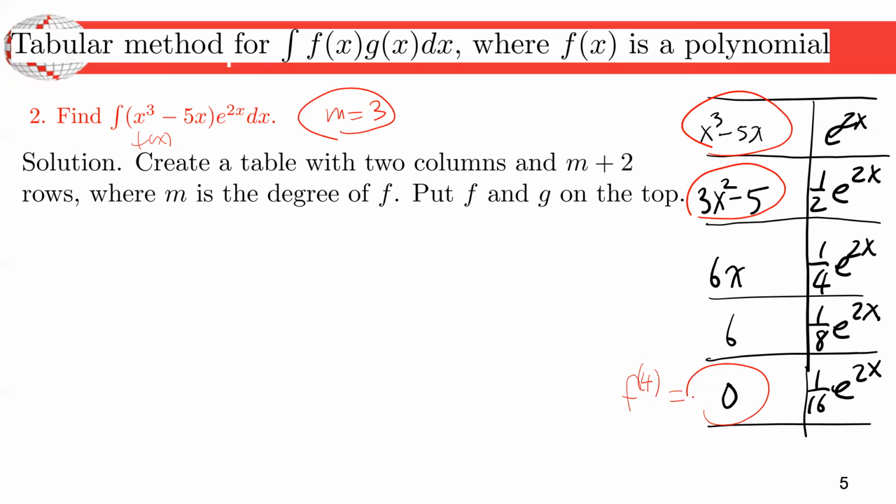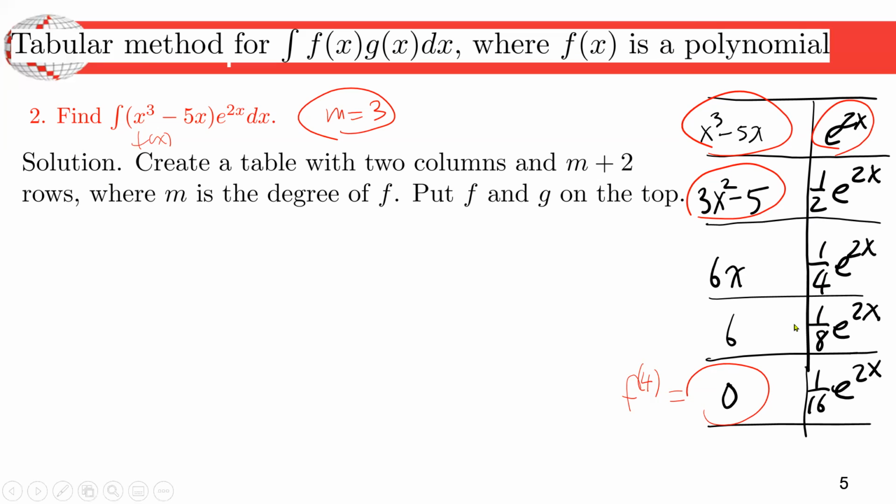Then corresponding to the second column, we start with the second factor e to 2x. We integrate this successively, and each time we integrate e to 2x, we get a factor of 1/2. That's why we get 1/2, 1/4, 1/8, and 1/16, times e to 2x.